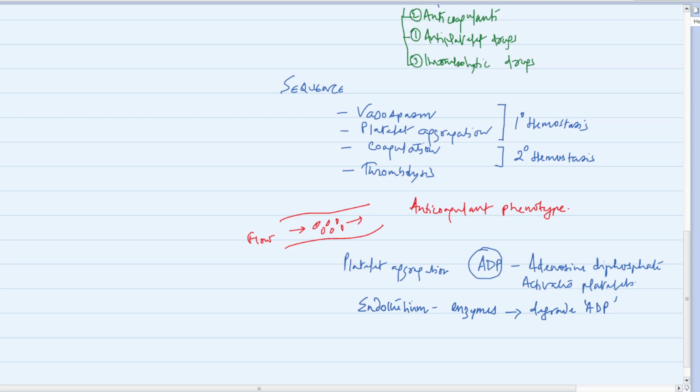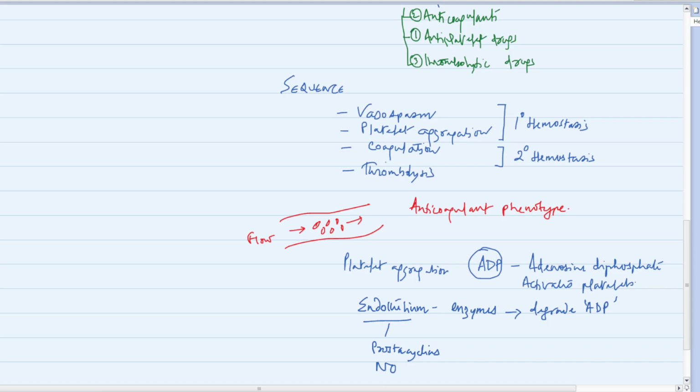In addition, the endothelium produces prostacyclins and nitric oxide. And again, this has got antiplatelet action, so it prevents platelet aggregation.